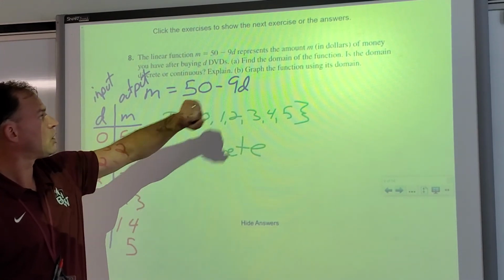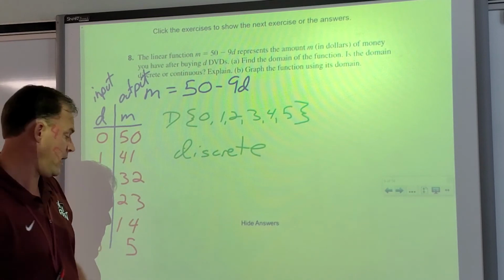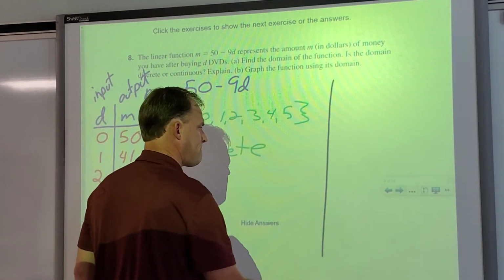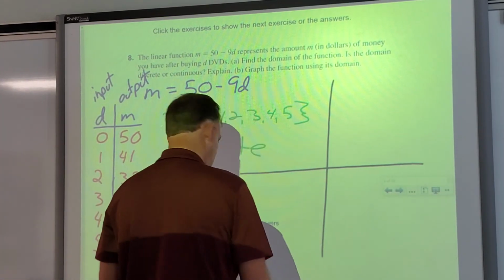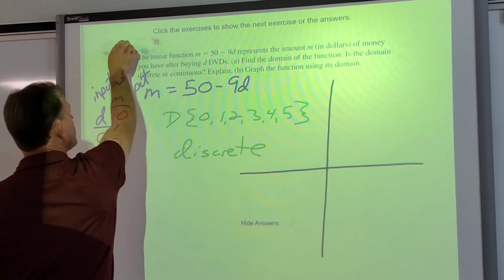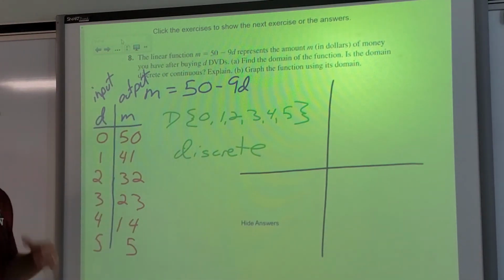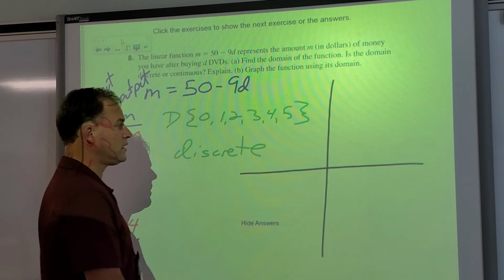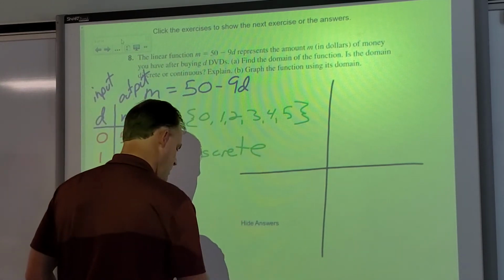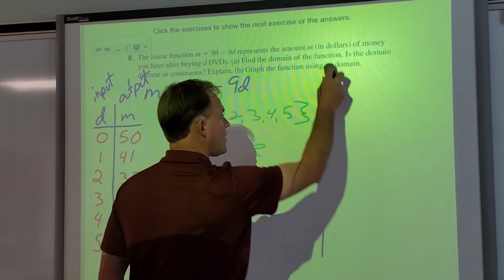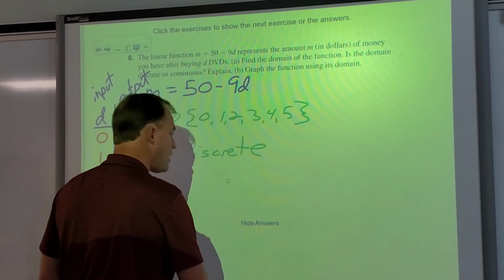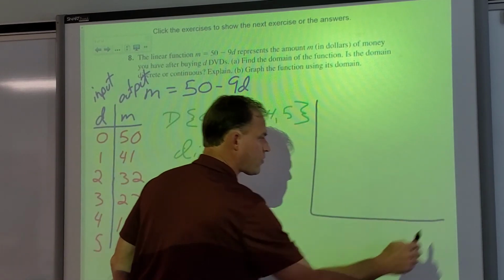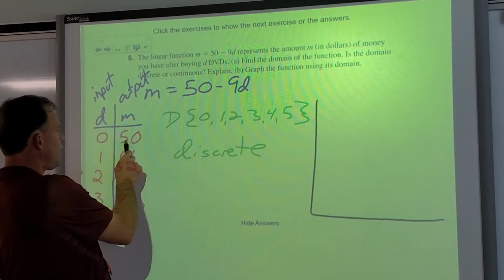Part B, graph the function using its domain. So, get this out of my way. I take these values and I make them into coordinates. I don't need an entire graph, so I'm going to rewrite that. I'm just going to look at this part of the graph right here. 0, 50.